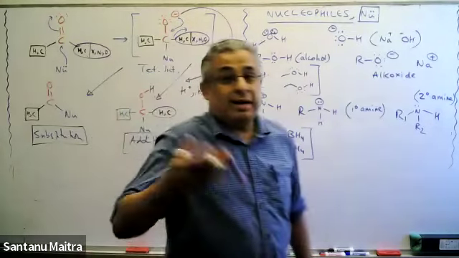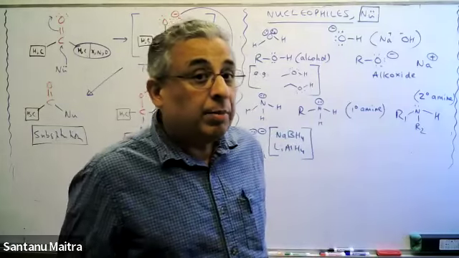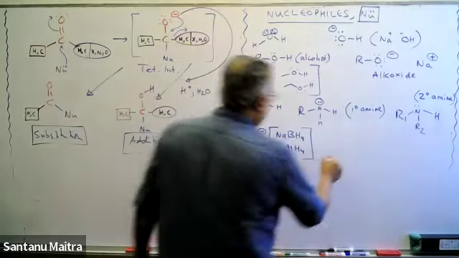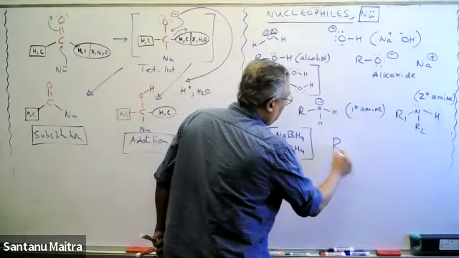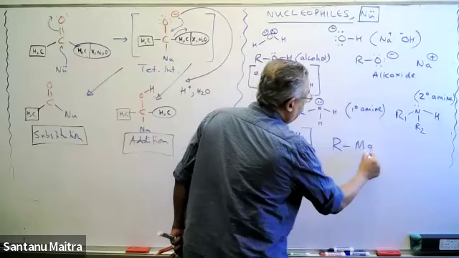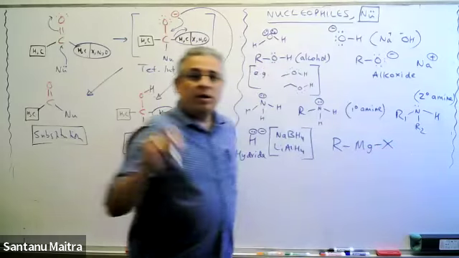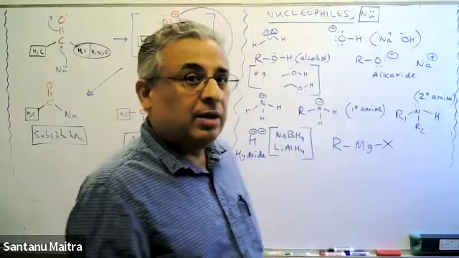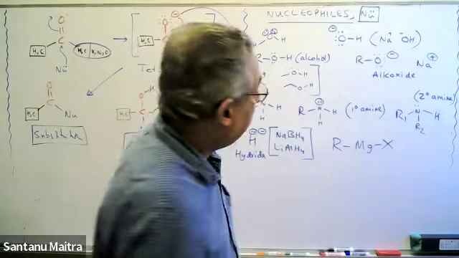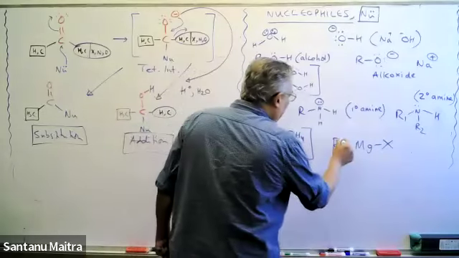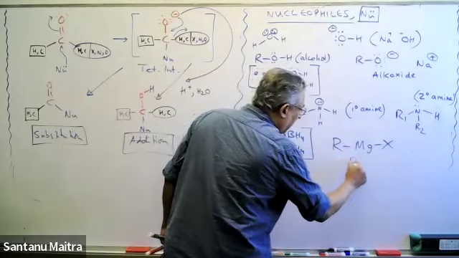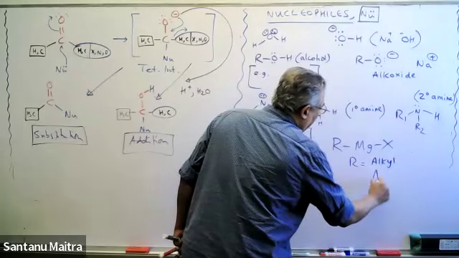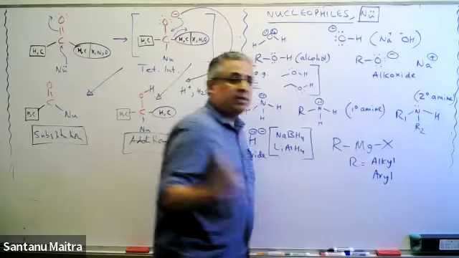Can you have an alkyl nucleophile, like a carbon nucleophile? Absolutely. Grignard reagents. Okay, Grignard reagents are RMgX. Mg is magnesium, X is a halogen. Most of the time it's bromine. And this R can be either alkyl or aryl. Aryl means aromatic.